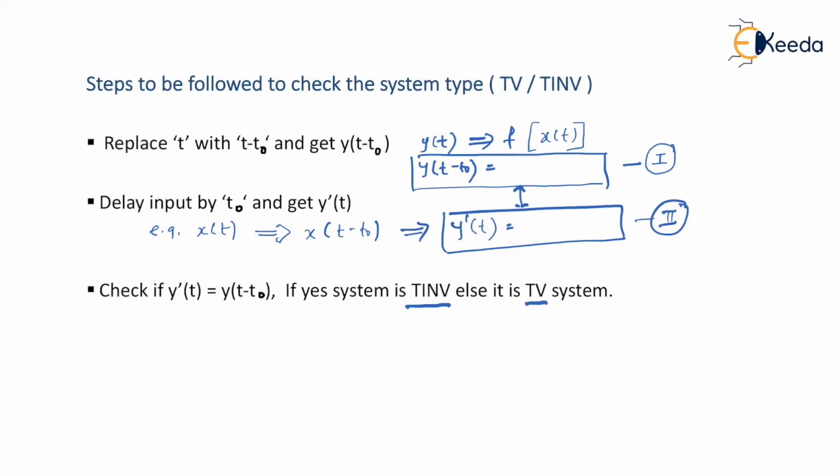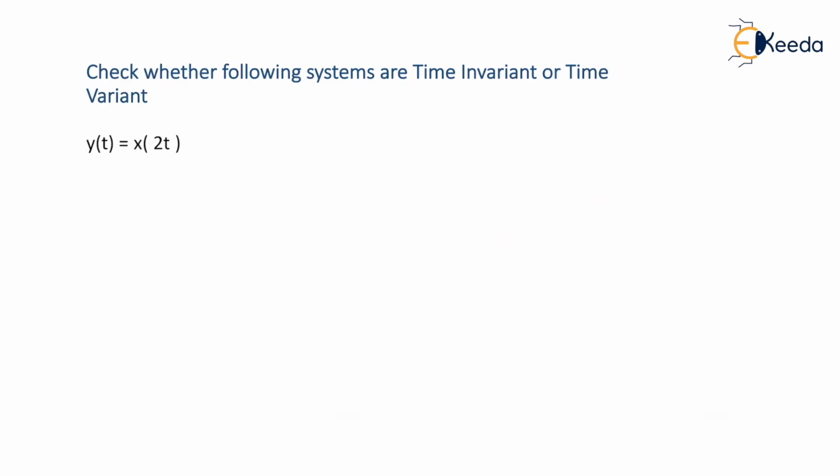So if we start with the numericals, then it would be quite clear to you. The question says, check whether the following systems are time invariant or time variant. The first one is y of t equals x of 2t. We will follow the steps. Step number 1 says replace t with t minus t naught. Wherever you see t, just replace it with t minus t naught.